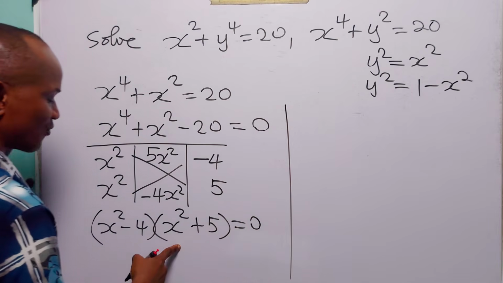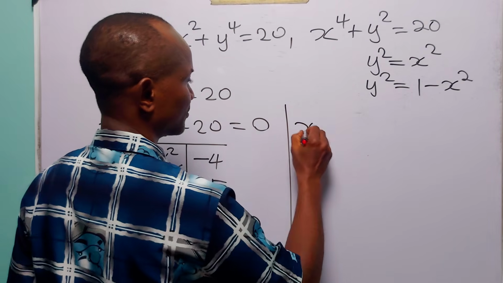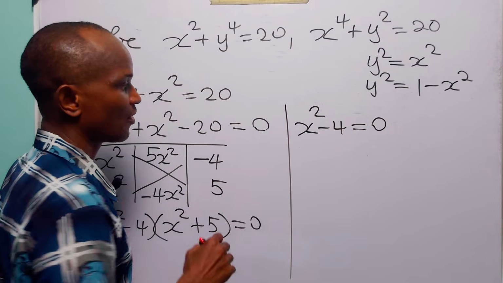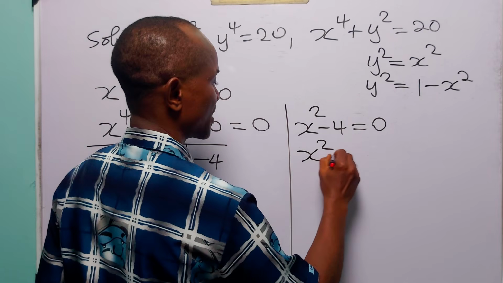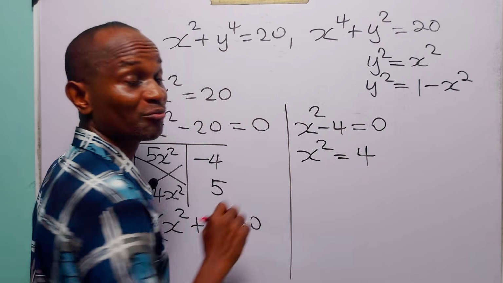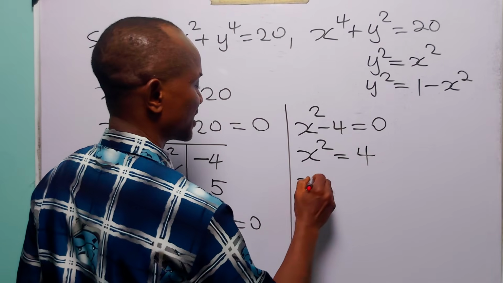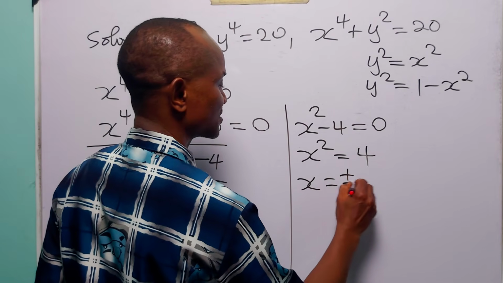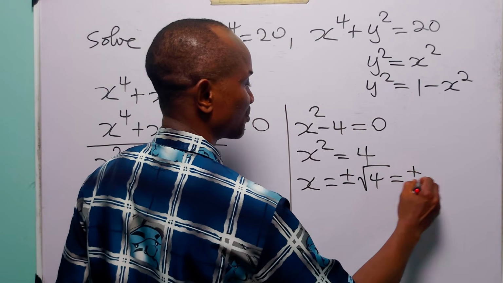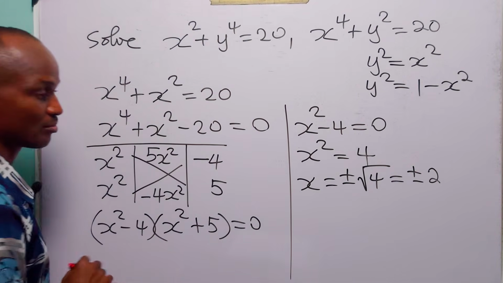And now, from here, we have that either x squared minus 4 is equal to 0, from where x squared is equal to 4. And of course, taking square root of both sides of this equation, we have that x is equal to plus or minus the square root of 4, which is equal to plus or minus 2.